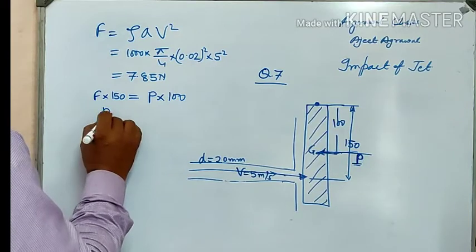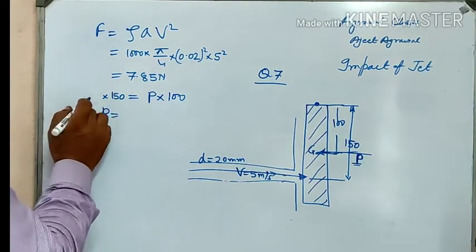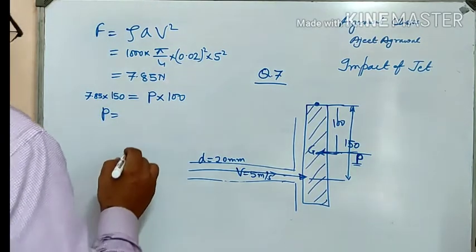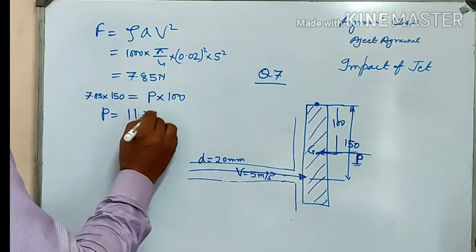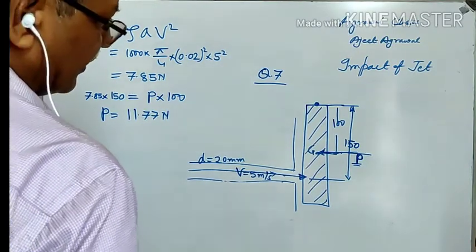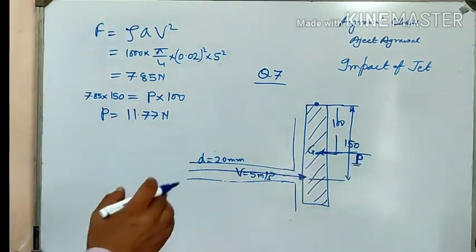Substituting the value of F as 7.85, P comes out to be 11.77 Newton.